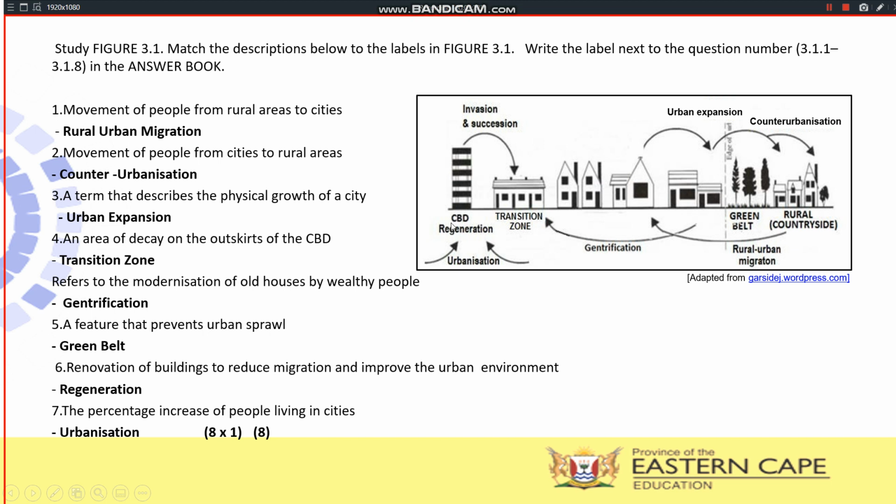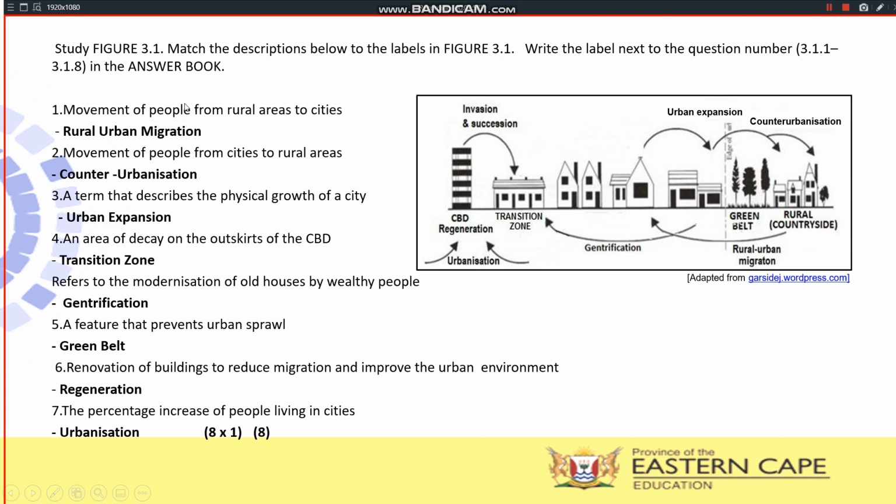Then the percentage increase of people living in cities is called urbanization. People, you must not make the mistake: when we speak about the percentage increase of people living in cities, we speak about urbanization. But the movement of people from rural areas to cities is called rural-urban migration. You must not confuse the two, please.